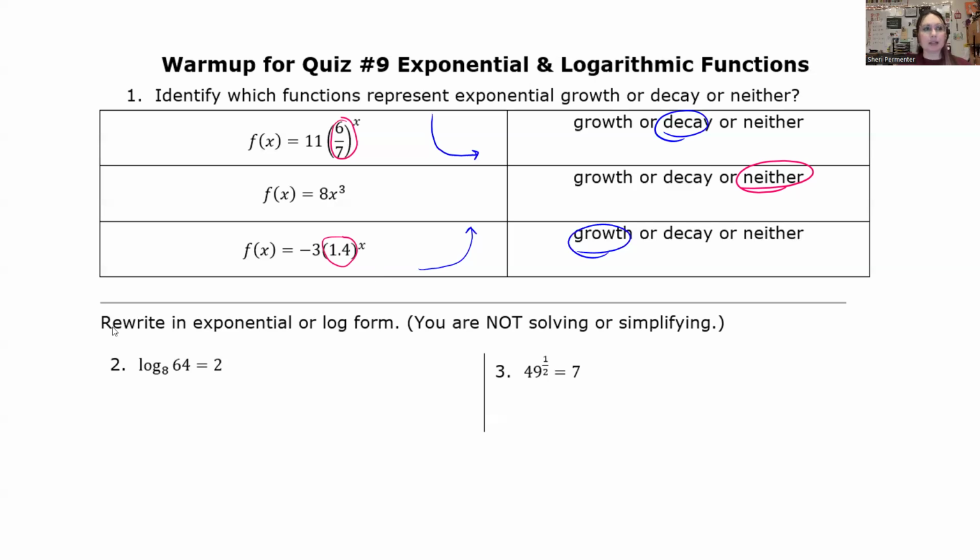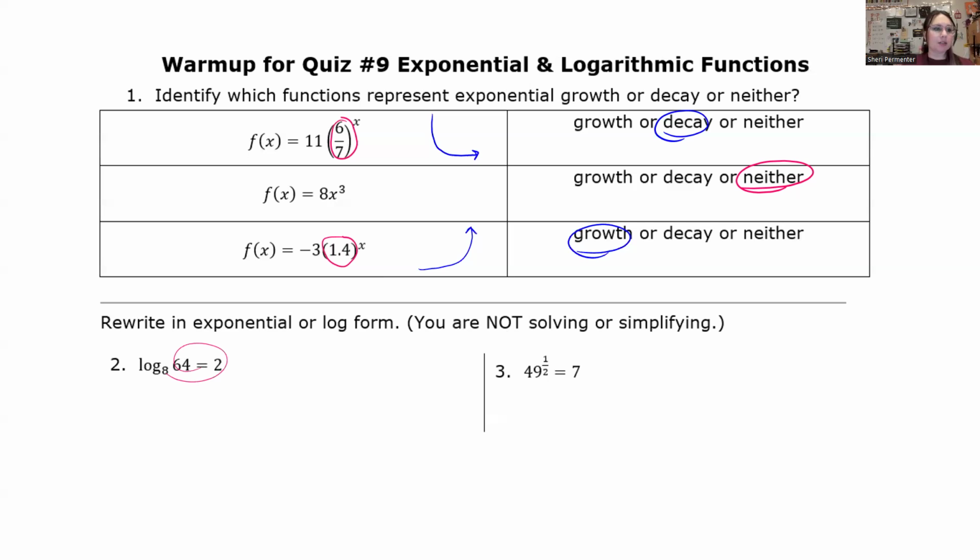Okay, next, rewrite in exponential or log form. You're not solving anything. All you have to know is the placement. So anytime that I rewrite a log, I use the backwards E thing to make it an exponential.